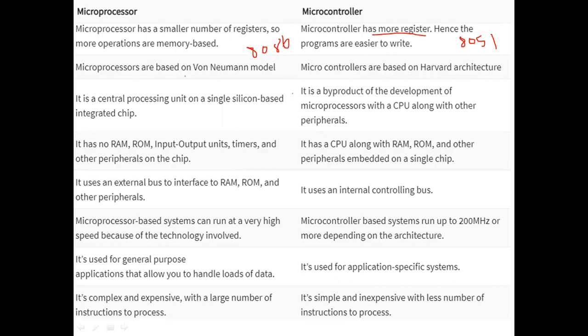Microprocessor is based on the Von Neumann model. Microcontroller is based on Harvard architecture.